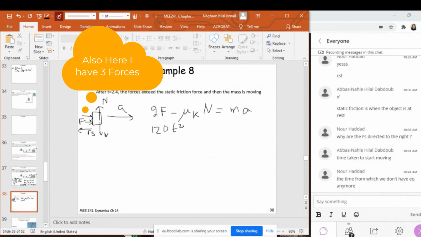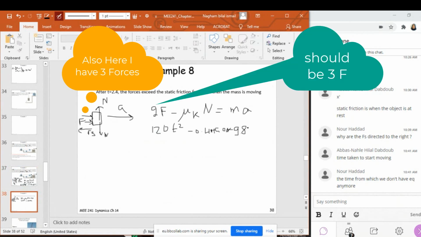It's 0.9, 0.4, sorry. 0.4 times the weight, which is 150 times 9.81, is equal to 150a. I don't know a in fact, but now, guys, I can find this a in terms of time. So what will be a? If you do the ratio here, you're going to find that a would be equal to 0.8t squared minus 3.924. This is a.